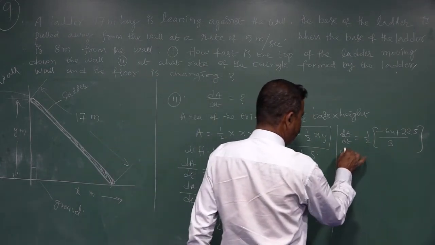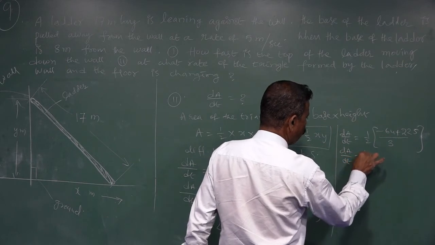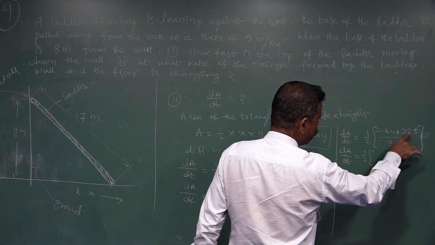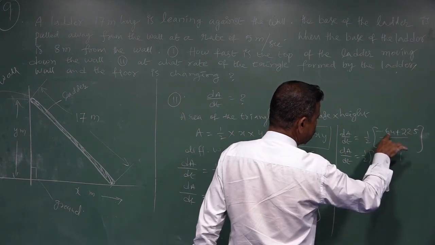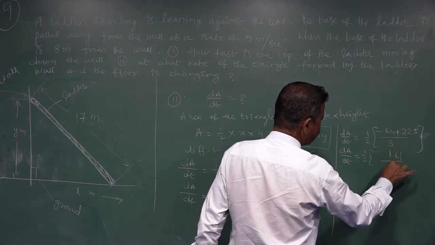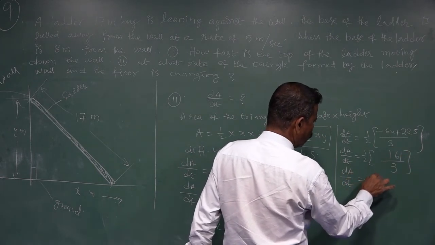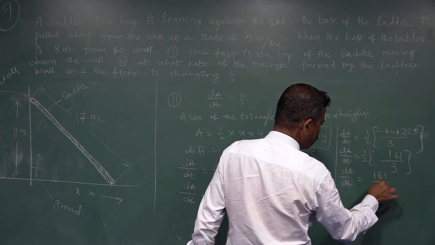Next, dA by dt is equal to 1 by 2, times the value 5 minus 4, 1, 12 minus 6, 161 by 3. So dA by dt is equal to 161 by 6.